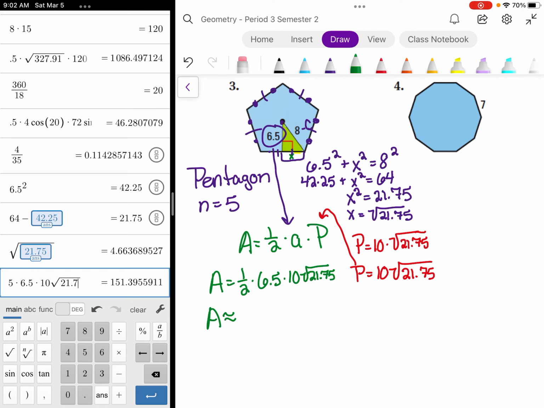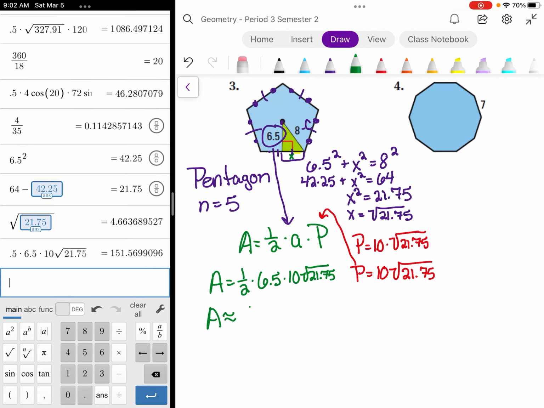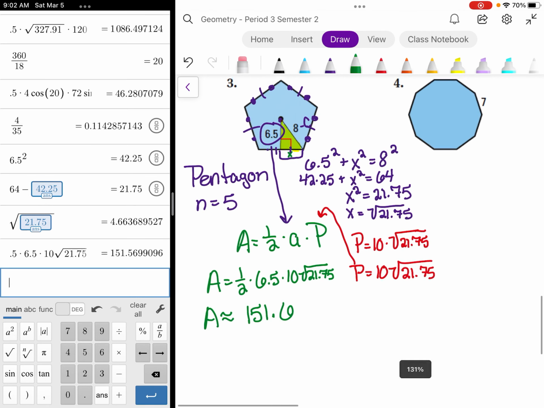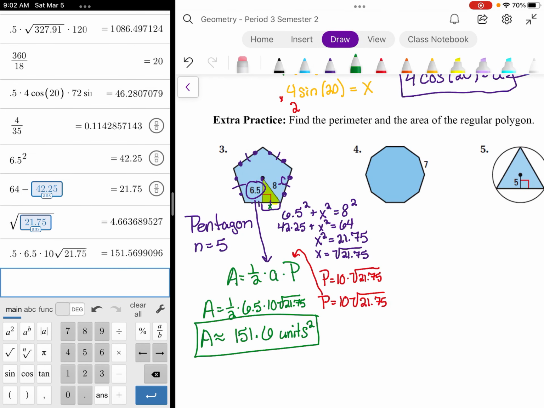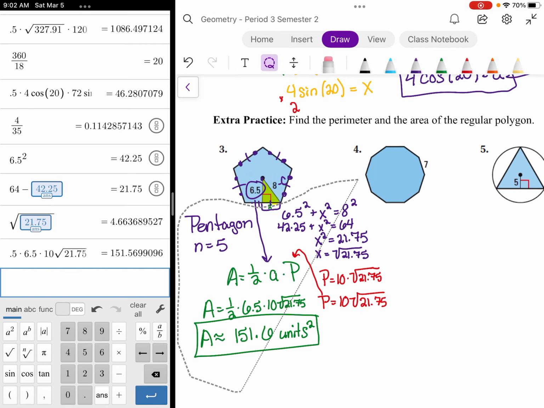Perfect. So we're going to have 151.6 units squared. So that is the area of number 3. Now we can move on to number 4.